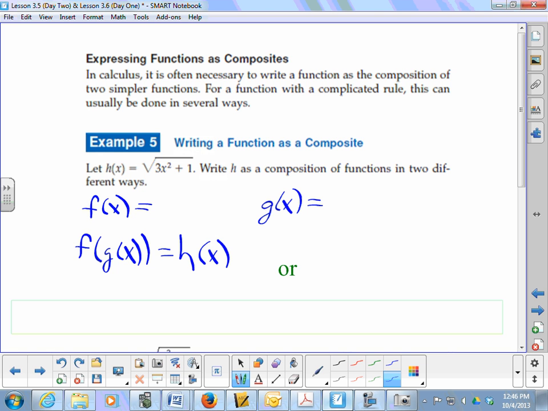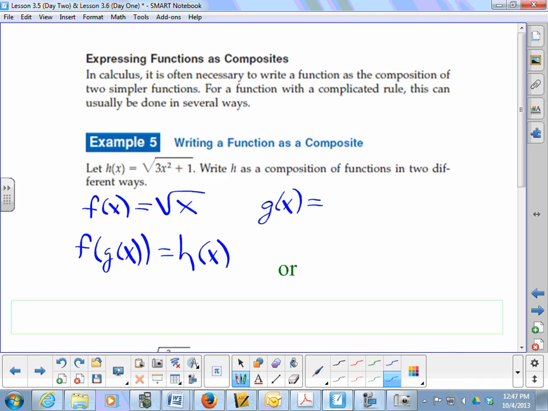Now, there's usually one very easy thing. If you ever have our main parent function, what's the main parent function we're dealing with here? The square root of x, right, is the parent function because we have the radical. So I can say that f of x is the square root of x.